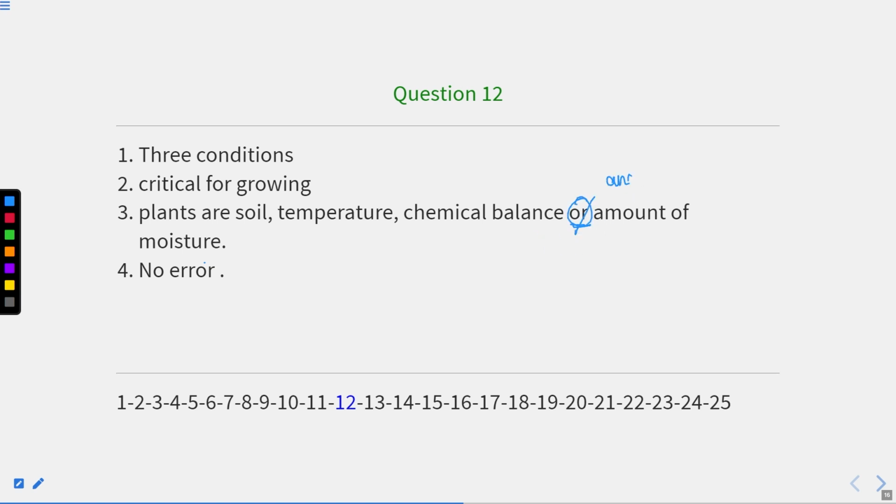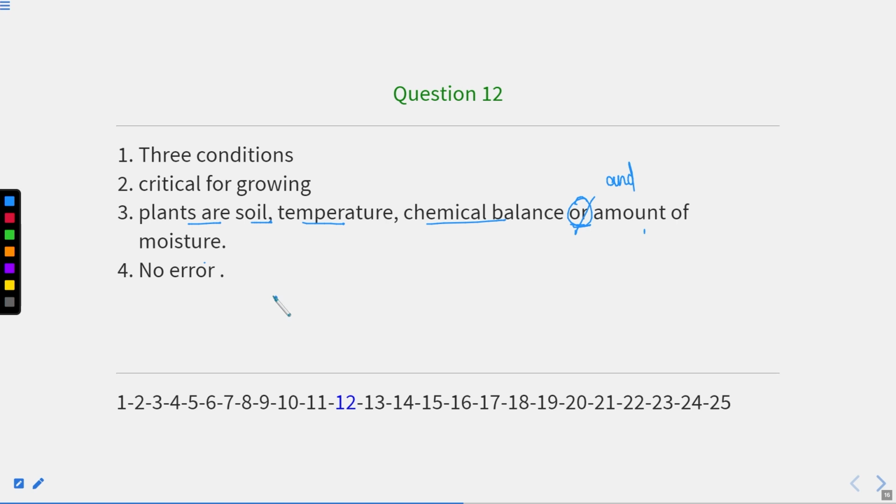Why so? Now, if I say that I have 3 points, one, two, and the three. I cannot say one, two, or three because or makes the choice, whereas and adds the two things together. Okay. Therefore, here, just to make these things together, like plants are soil, temperature, chemical balance, and amount of moisture.